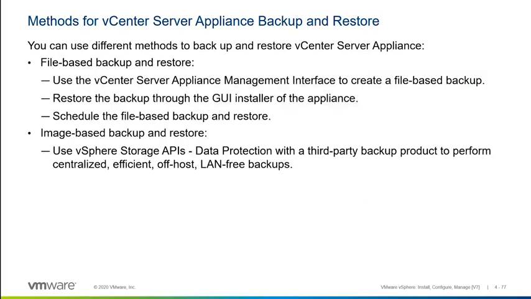So yeah, there are different ways of backing up this appliance. You can use this file-based backup and restore through the appliance management interface, do the restore from the GUI installer, okay? We can schedule these backups and the like, okay?